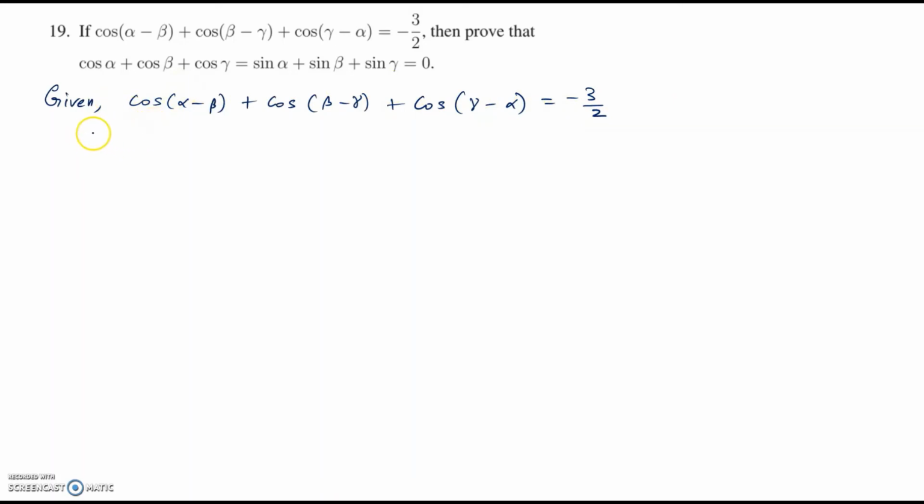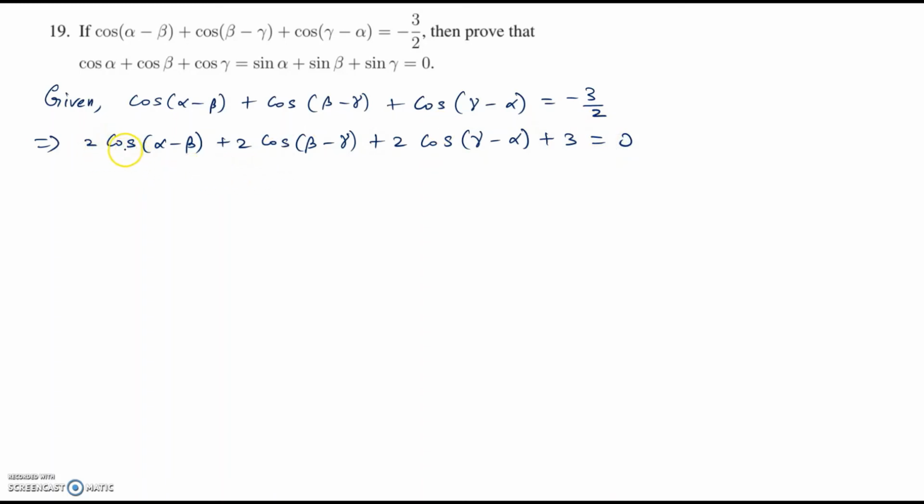So this becomes 2 times cos(alpha minus beta) plus 2 times cos(beta minus gamma) plus 2 times cos(gamma minus alpha). And let's bring the minus 3 this side. This becomes plus 3 is equal to 0.